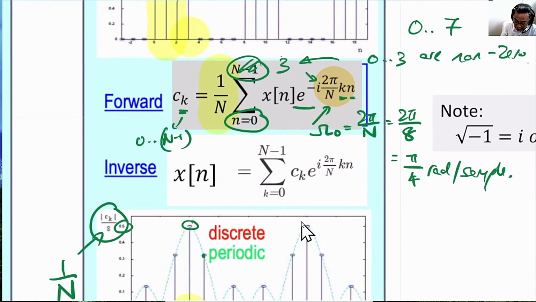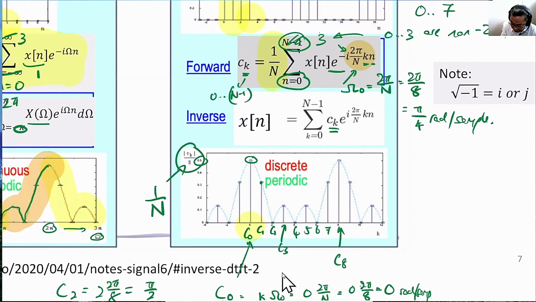Now, once we have c_k's, of course, we can now reconstruct it. And c_k's are discrete. We only need to use k equals 0 to N minus 1, because you see that it actually is repeating. From C8, you go to C9. C9 is the same as C1. C10 is the same as C2. What about C minus 1, which is here?